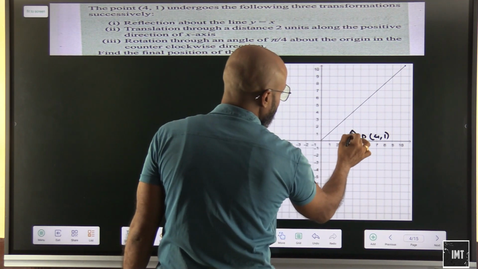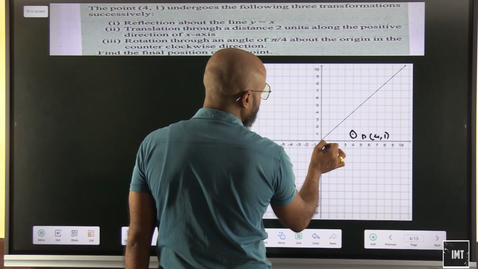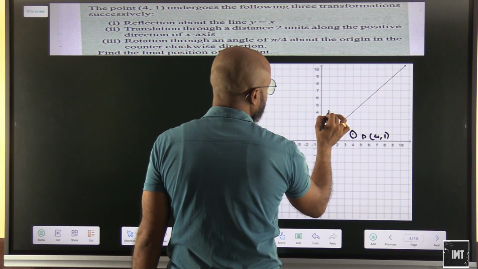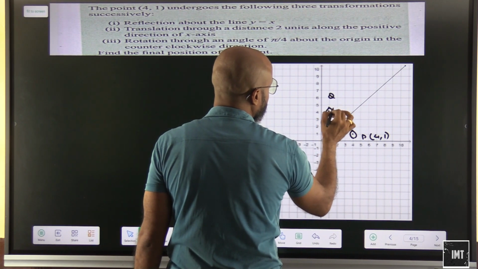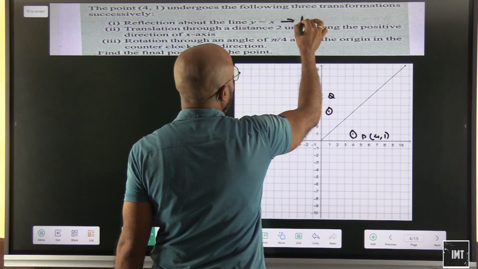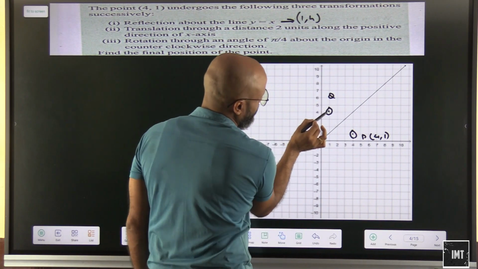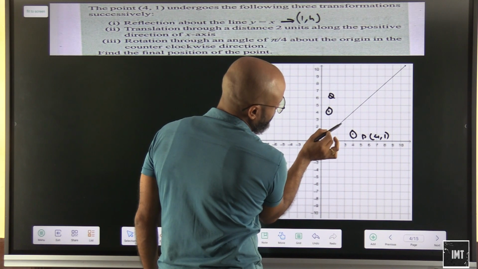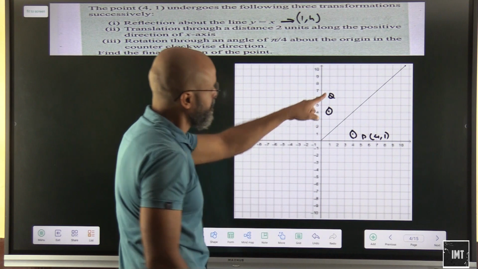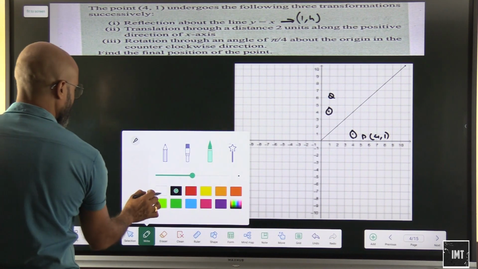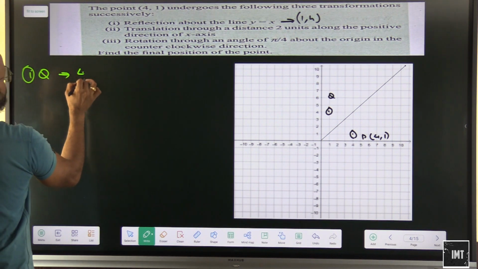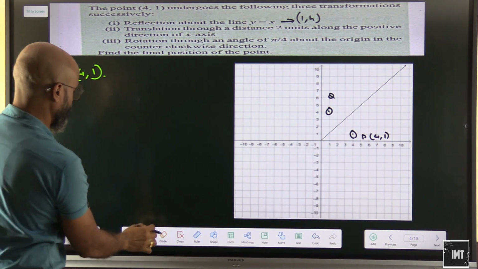So if it is 4, 1, it will correspond to 1, 4. It's just pure geometry. Reflection means this distance is equal to this distance.